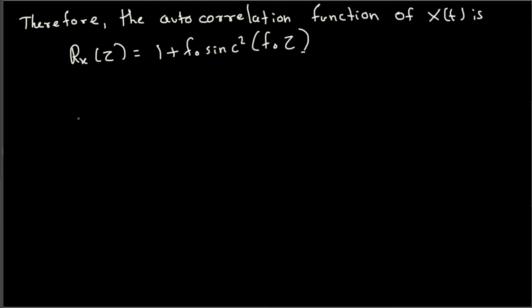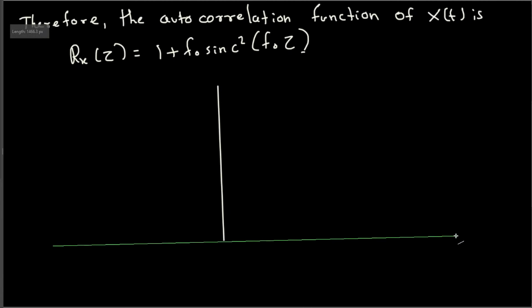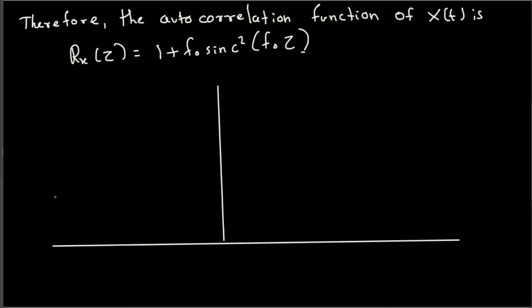Okay, and let's sketch that one. Because of this 1, it's going to be shifted 1 unit to the upper side. Sinc function and sinc square function have only one difference.